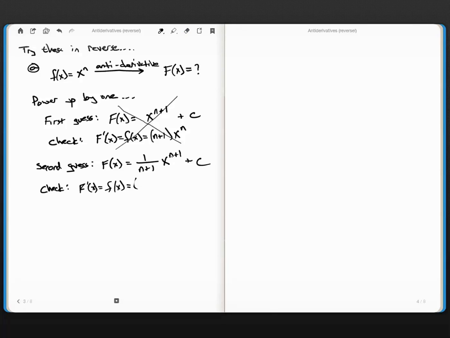So it's the power comes out front, n plus 1, and then times 1 over n plus 1, the constant stays there, times x, and then the power goes down by 1, it goes from n plus 1 down to n, plus c, the constant horizontal line, slope is 0, that goes away.